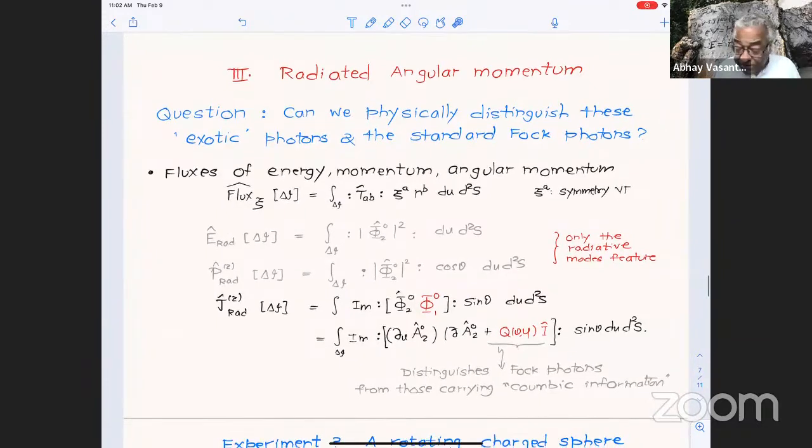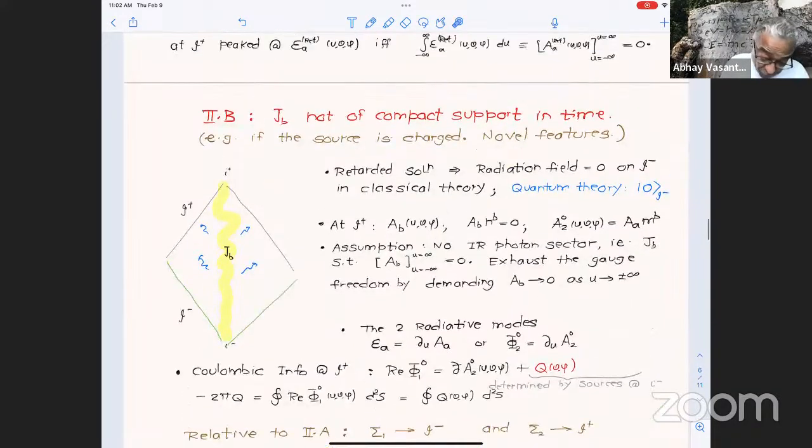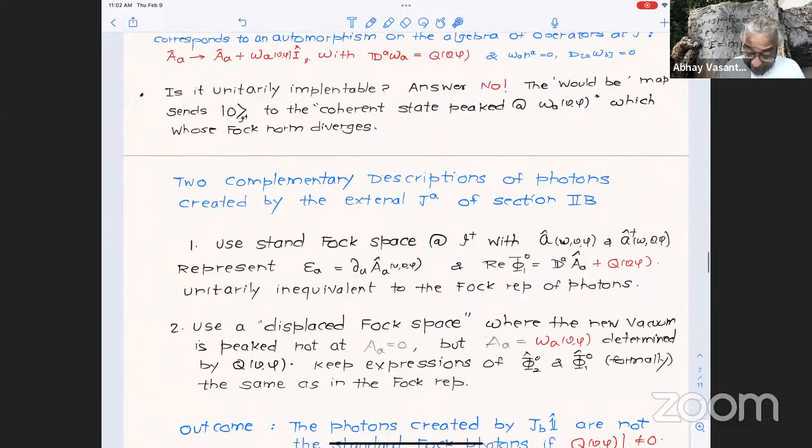And to me, of course, it's manifest in many, many ways, but a very striking way that it manifests itself is through angular momentum that is radiated away. So we got these photons which are going out to infinity, and they're carrying energy and momentum, and also carrying angular momentum.